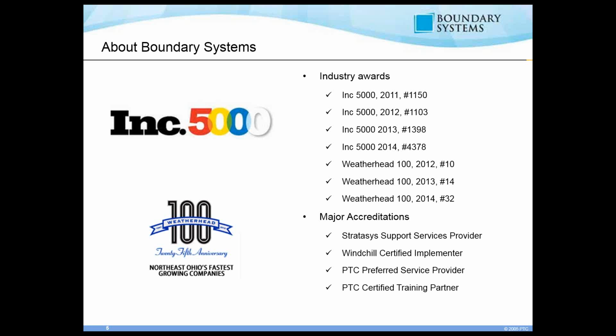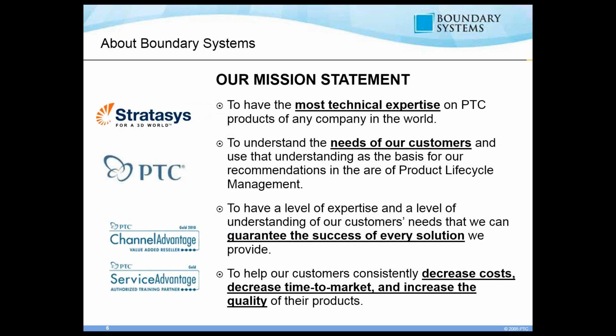And then some of the major accreditations, once again, with Stratus, support service provider. Myself personally and some additional technical specialists within the company are also certified implementers. PTC preferred service provider, and of course a PTC certified training partner. So we can do training at our facility or at your facility, either one.